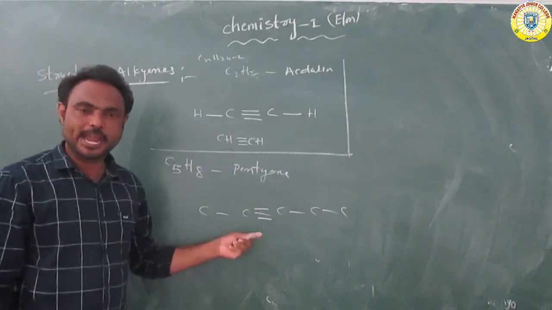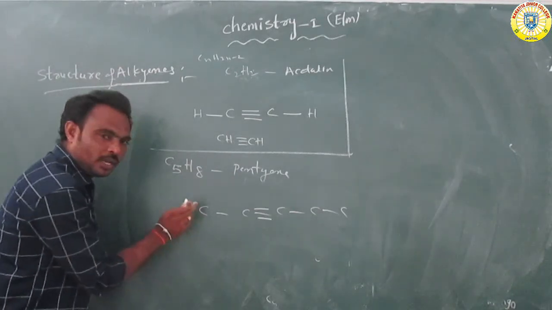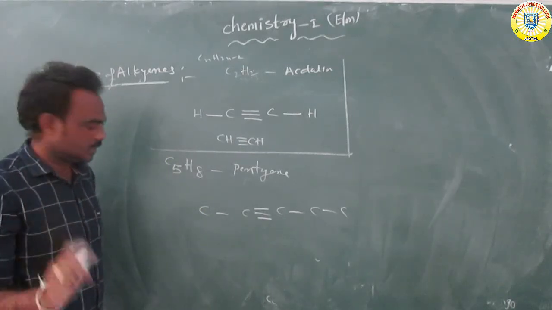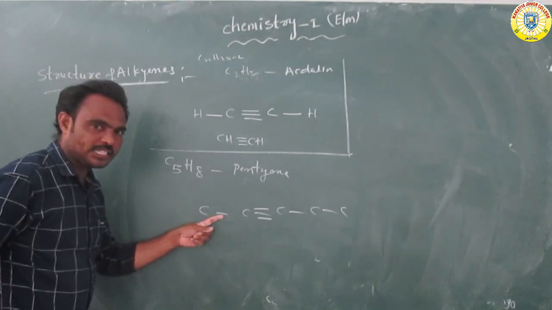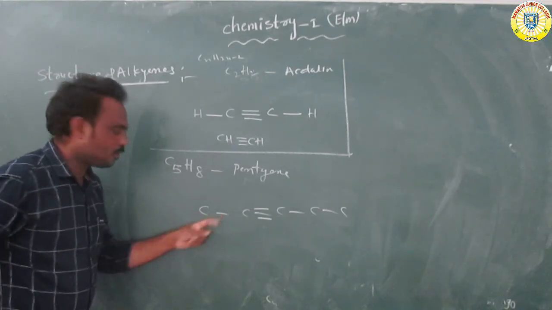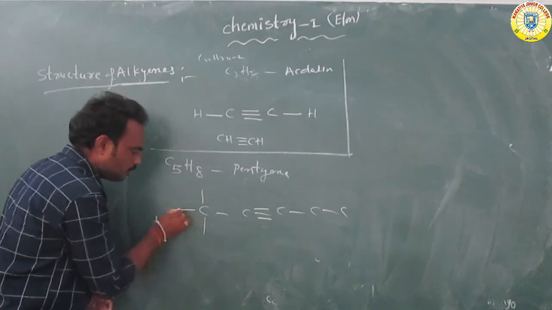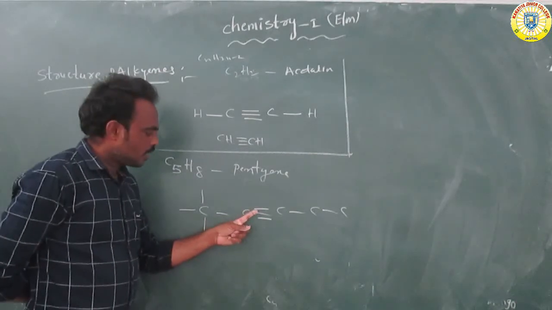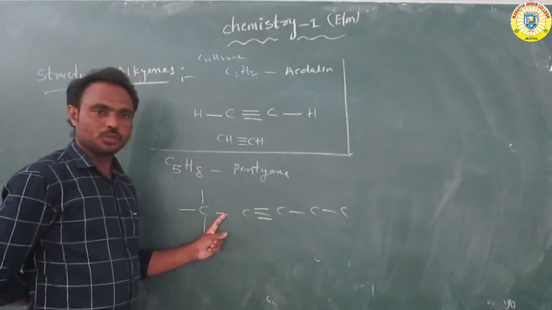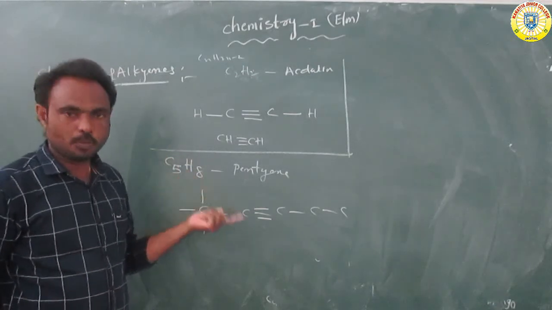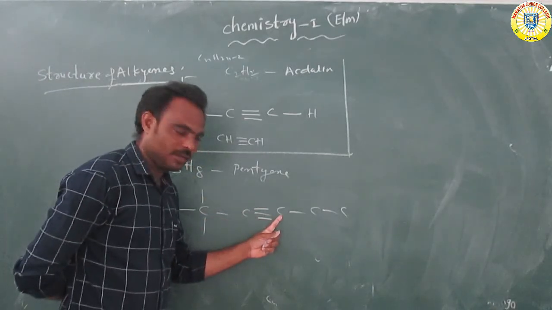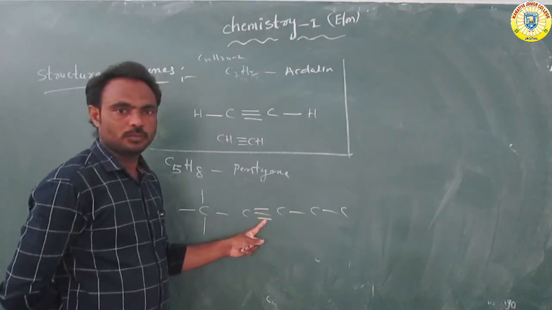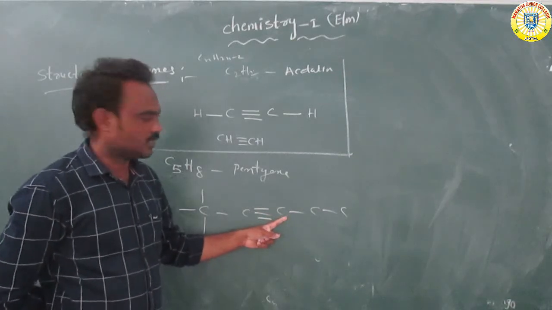So we arrange the hydrogens. Each carbon must have 4 bonds. This carbon has only 1 bond, a single bond, so the remaining 3 bonds go to hydrogens. This carbon already has 1, 2, 3, 4, so it is fulfilled. This carbon also has 1, 2, 3, 4, fulfilled.